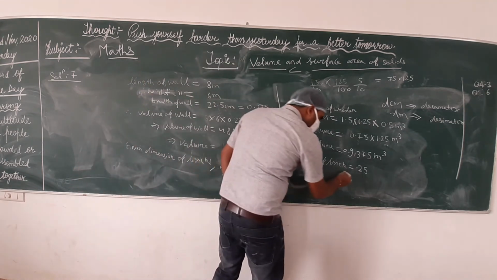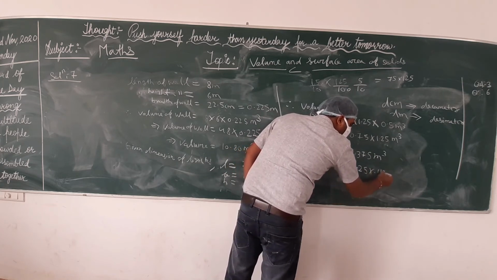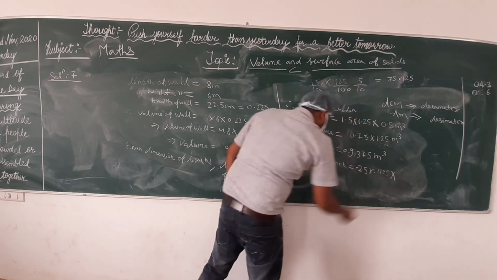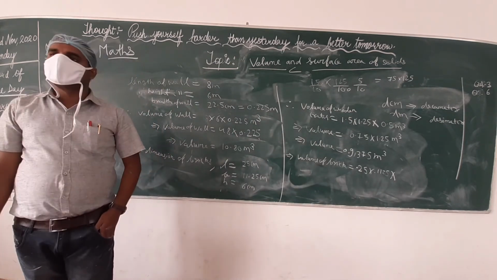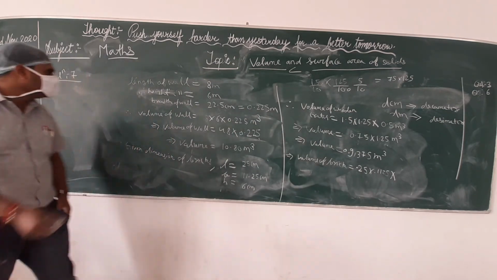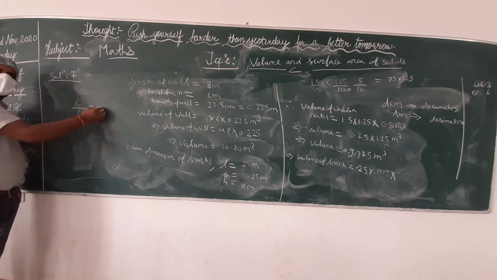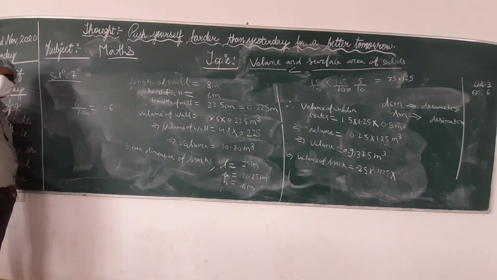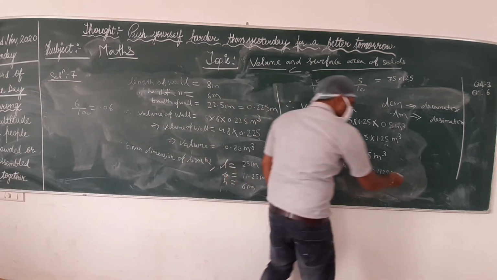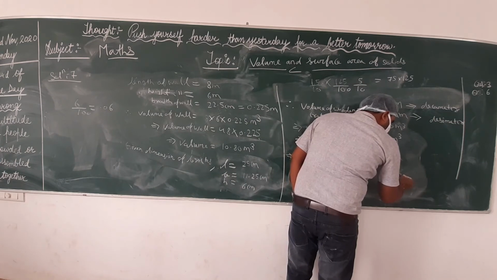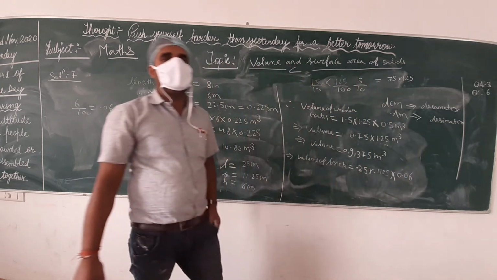It means 0.25 multiplied by 0.1125 multiplied by 0.06. You see that 6 divided by 100 equals what? Not 0.6, it is 0.06. Clear? Anyone have any problem?